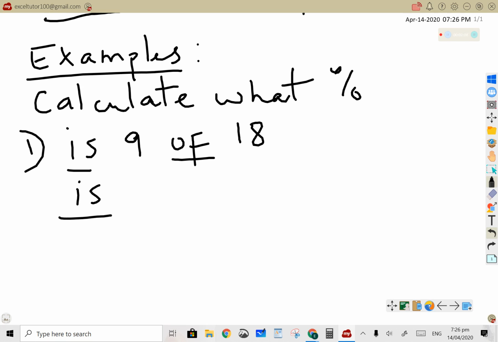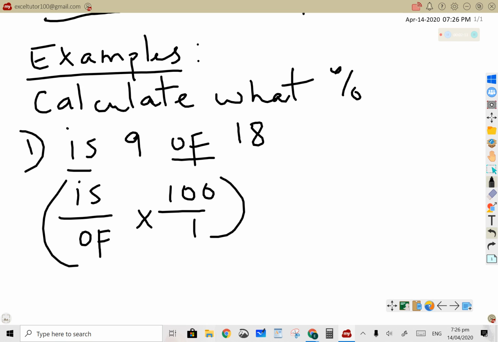The working for that would be, because we have "is" and we have "of", again to remind you, "is" will go on top, "of" will go below, and we multiply it by 100 over 1. Using the proper numbers that were given, 9 is "is" and 18 is "of".